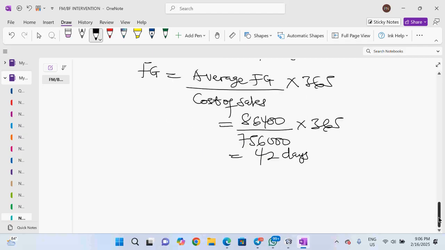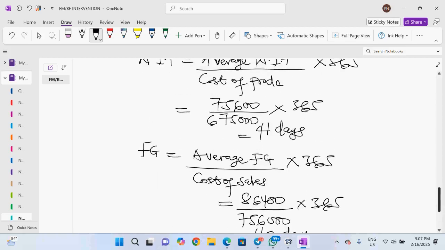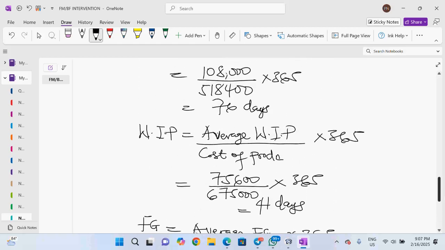So the total for the inventory days will be how much? 42 days plus 41 plus 76.